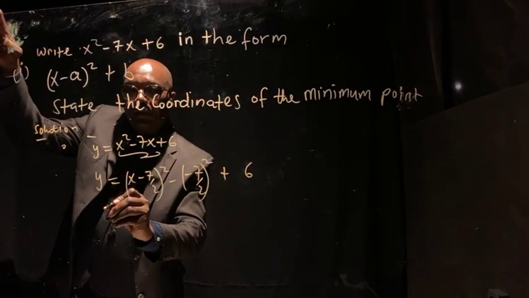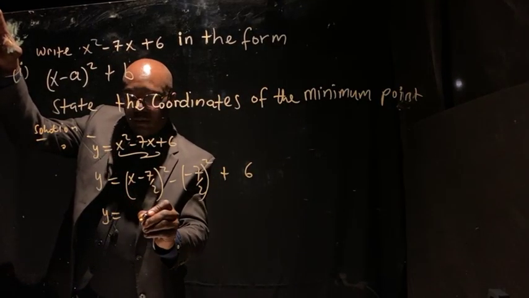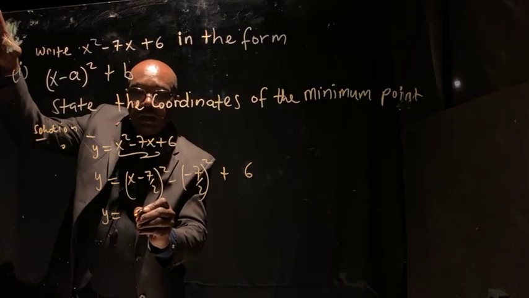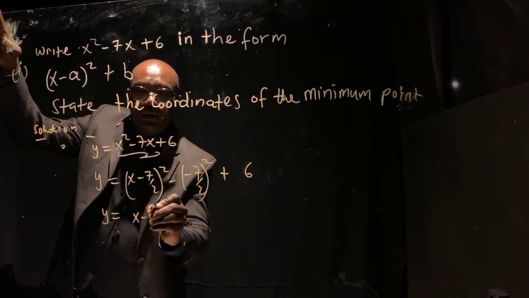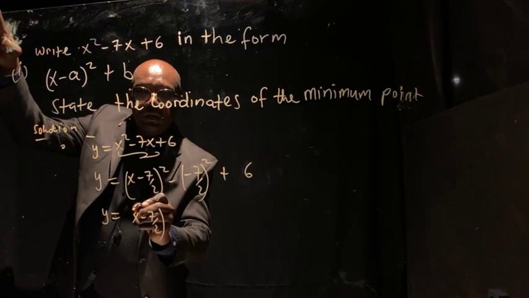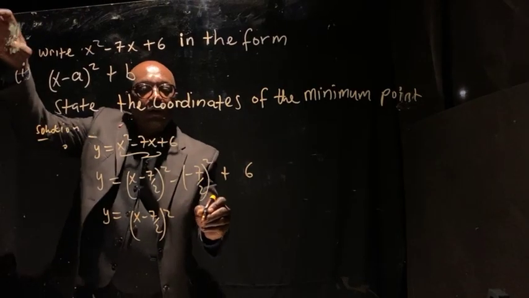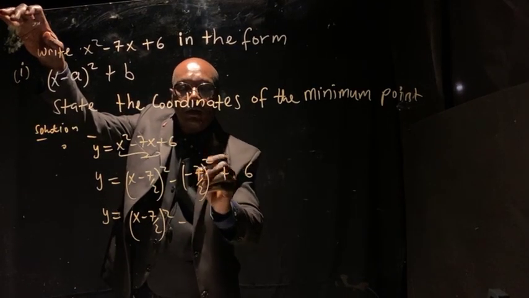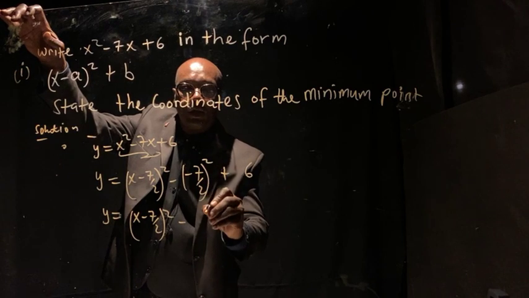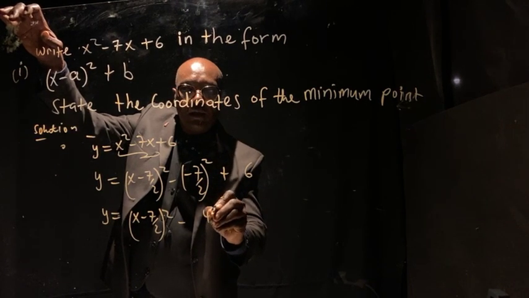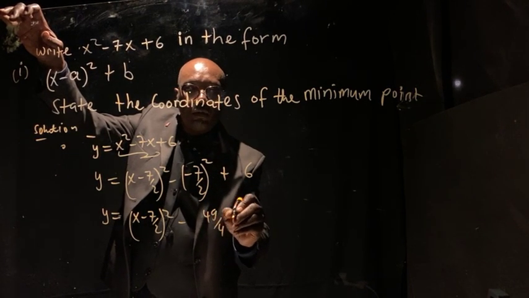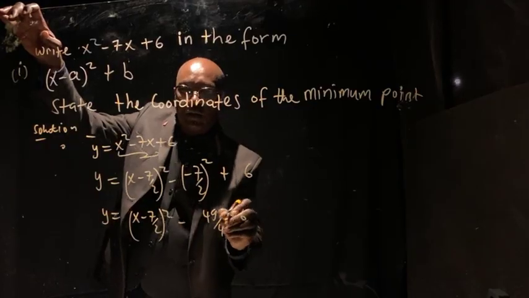Then it follows that y equals (x minus 7 over 2) squared, then you have minus 49 over 4 plus 6.